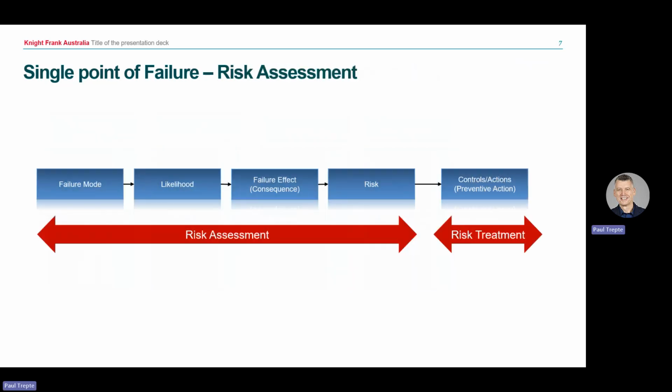Having identified our single points of failure and understanding the failure mode, we are ready to undertake the risk assessment process. Risk assessment is simply looking at the likelihood that the failure mode will occur and the effect or consequence of the failure. Within the quality management system, there are specific proven risk tools that we could use which fall within Lean Six Sigma methodologies.